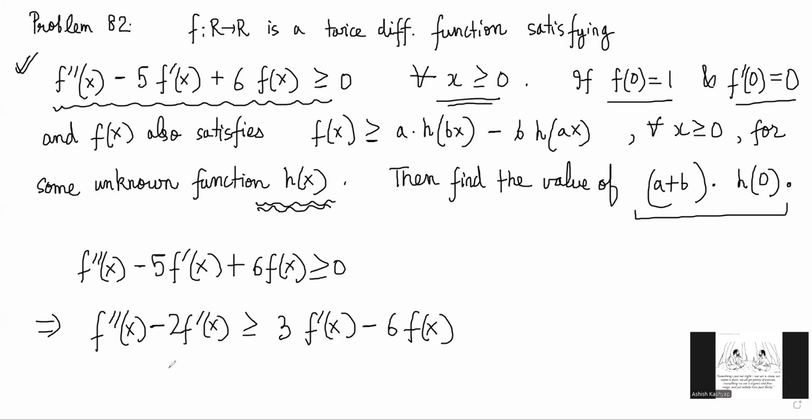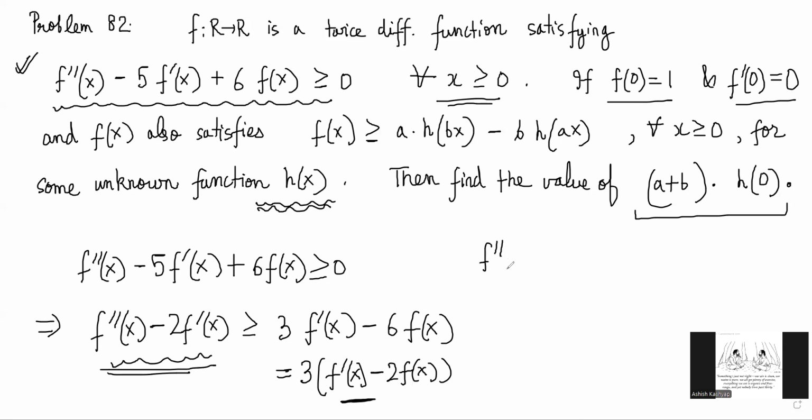Why did I group it like this? Because then I can factorize it. The left hand side will be in a certain form, and this side is 3 times f dash x minus 2 times f of x. Notice that this is in the same type of form. So we are getting f double dash x minus 2 times f dash x is greater than or equal to 3 times f dash x minus 2 times f of x.